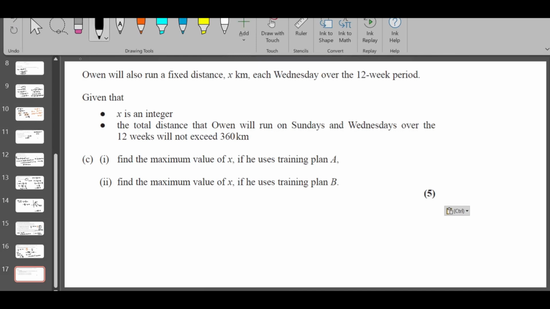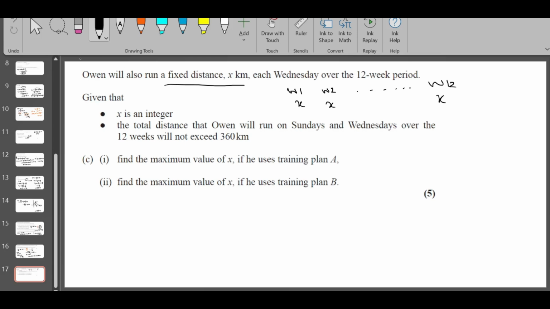Part C now. Owen will also run a fixed distance x kilometers each Wednesday for the 12-week period. That means Wednesday in week 1 x, week 2 also x. Every week he is running x kilometers for a 12-week period, every Wednesday. Okay, given that x is an integer, the total distance that Owen will run on Sundays and Wednesdays.